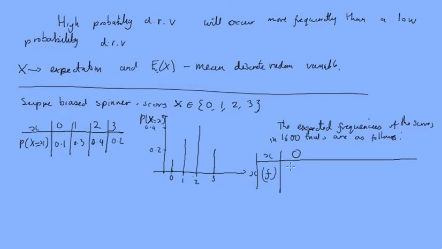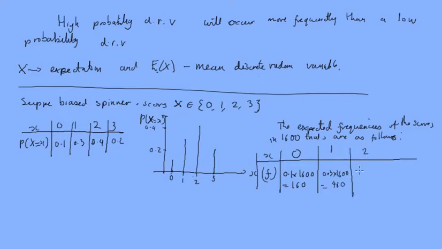So we have 0, and the probability of 0 was 0.1, so we take our 0.1 and times that by 1600, and that gives us 160. Our 1, probability of 1 was 0.3, times that by the number of trials, and that gives us 480.